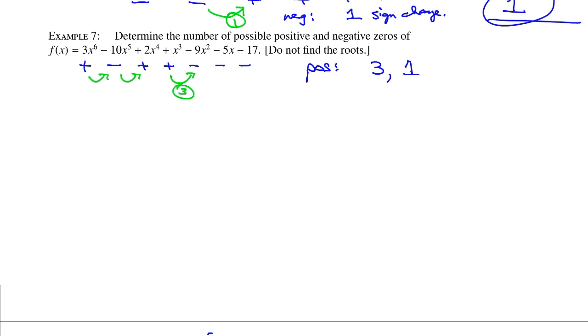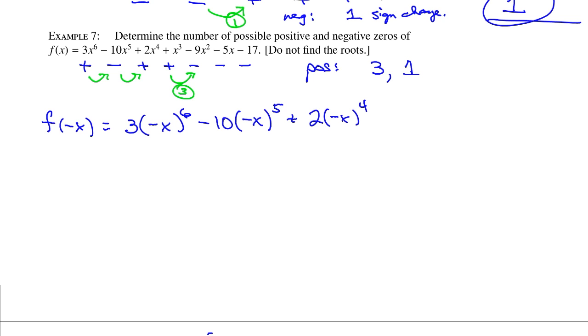For the negatives, I first need to compute f of negative x. And so this is going to be 3 times negative x to the 6th minus 10 times negative x to the 5th plus 2 times negative x to the 4th plus negative x cubed minus 9 times negative x squared minus 5 times negative x minus 17.